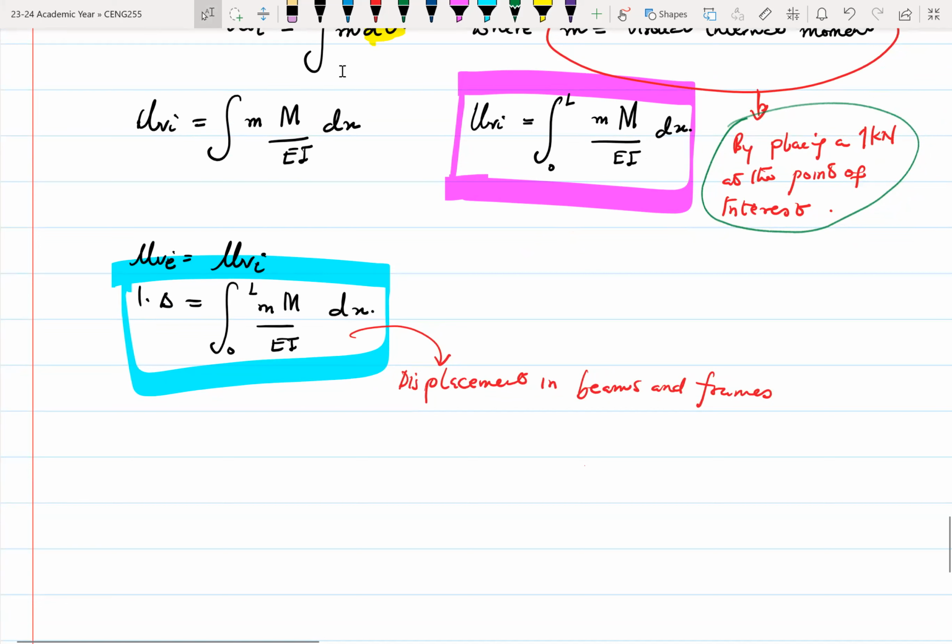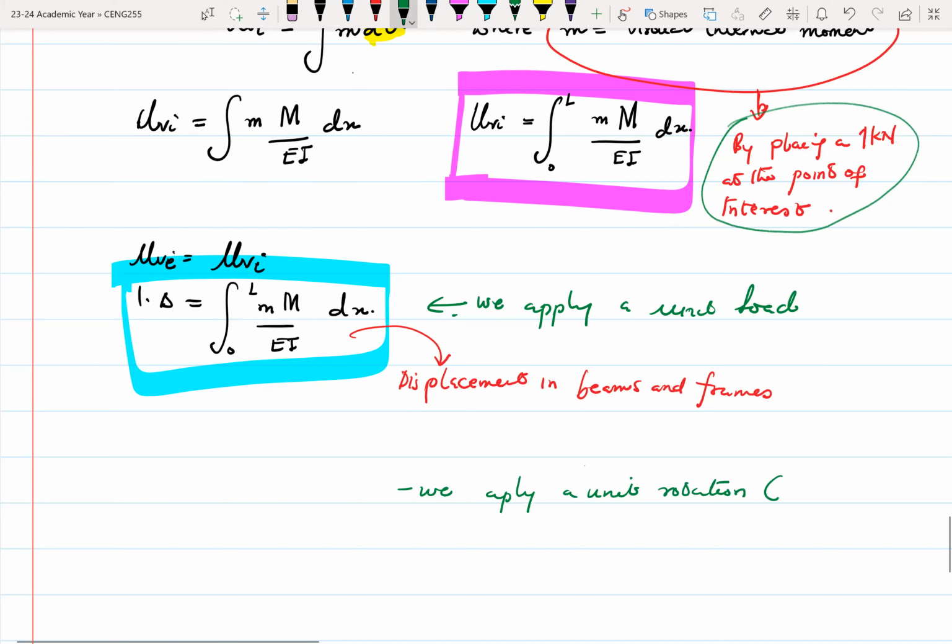Likewise, we can also find the rotation in beams. With displacement we apply a unit load. If you want to find slopes or rotations in beams, we have to apply a unit rotation, which would be a couple. For the unit load, it's usually 1 kilonewton.